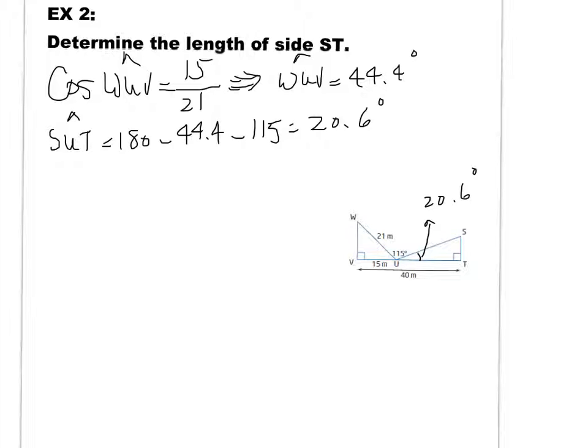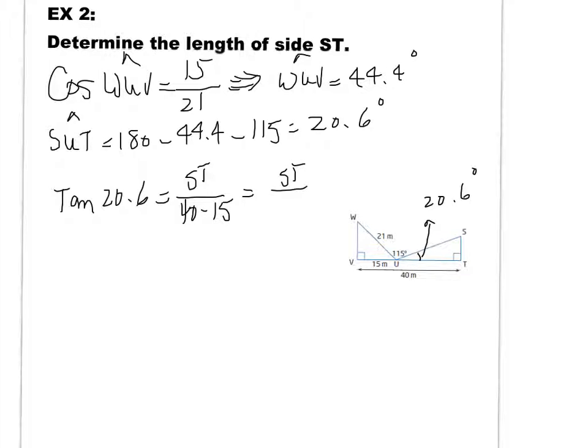Now, I know the angle here, 20.6 degrees. I know the side adjacent, which is VT, which is 40 minus 15, which is 25. So I can use the trig ratios to find ST. Which trig ratio is very easy because I know the angle, I know the adjacent, which is 25, and I have to find the opposite, so it's going to be the tan. So I'm going to write tan 20.6 is equal to ST over 40 minus 15, which I'm writing so you understand where we got this, which is 25.